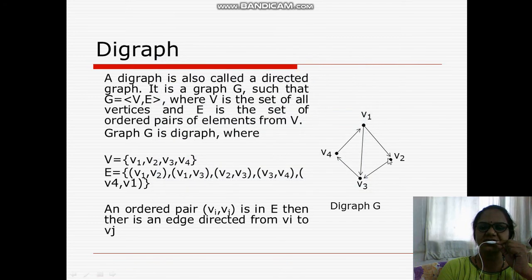We need to write in this manner only: the vertex from which the direction begins should be written first, and where it sinks is written next. It emerges from V1 and sinks at V2, so it should be written like V1 to V2. This is the basic difference between a directed graph and an undirected graph, in the representation as a set.